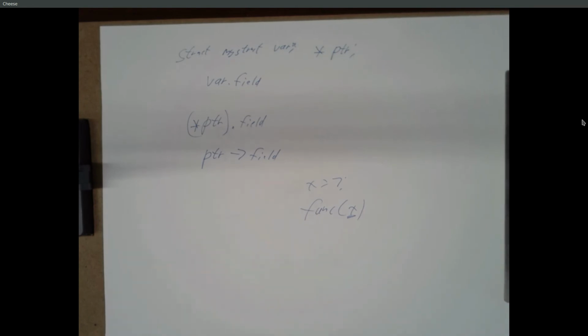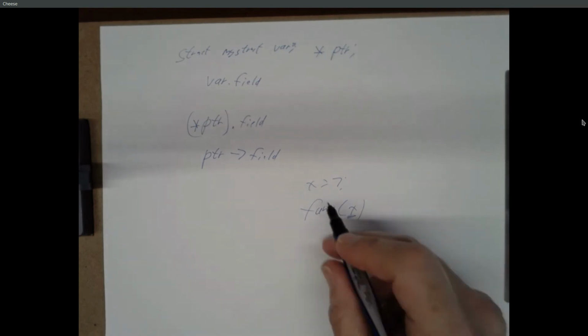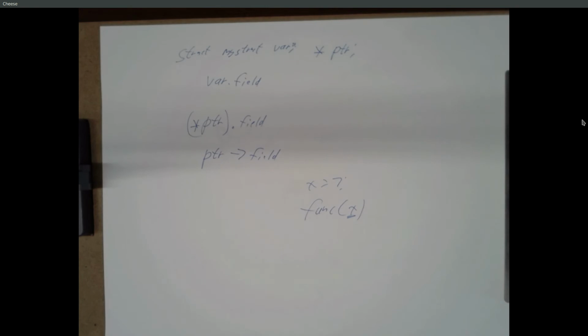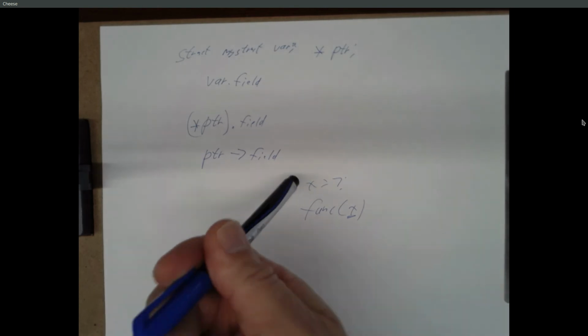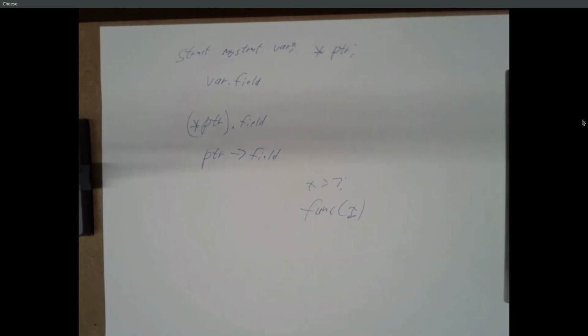Nothing to do with x. It reads x to figure out what the value is, but whatever that value is, that's what it passes. It just takes the number 7 and throws it on the stack, and says, here's your argument, it's a 7. Which is why in my function, if I say x equals 12, it has nothing to do with this x, because I didn't pass x, I passed a number 7. So that's pass by value, that's all that C does.